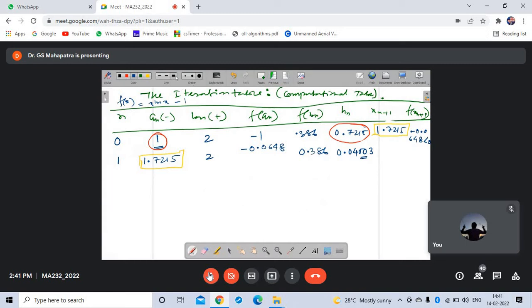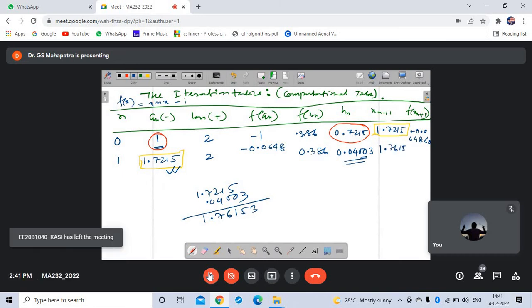Now what is Xn? Xn is always the first one plus this Hn. So 1.7215 plus 0.04003 gives 1.76153.